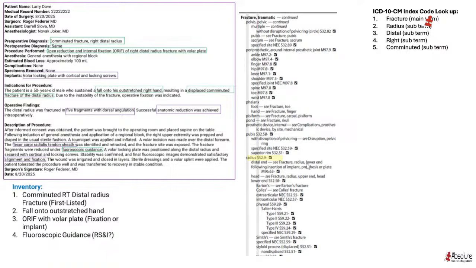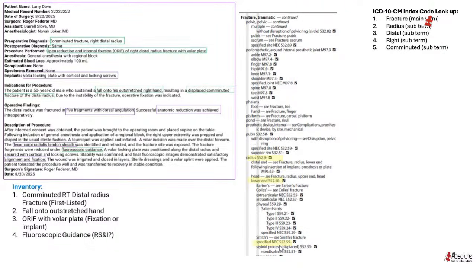All right, so I need to go fracture, radius, lower end right here. Are there any more subterms that I can locate? And you know what? I can't find any other subterms. So the doctor did specify that this was a comminuted fracture, so I like specified, not elsewhere classifiable.